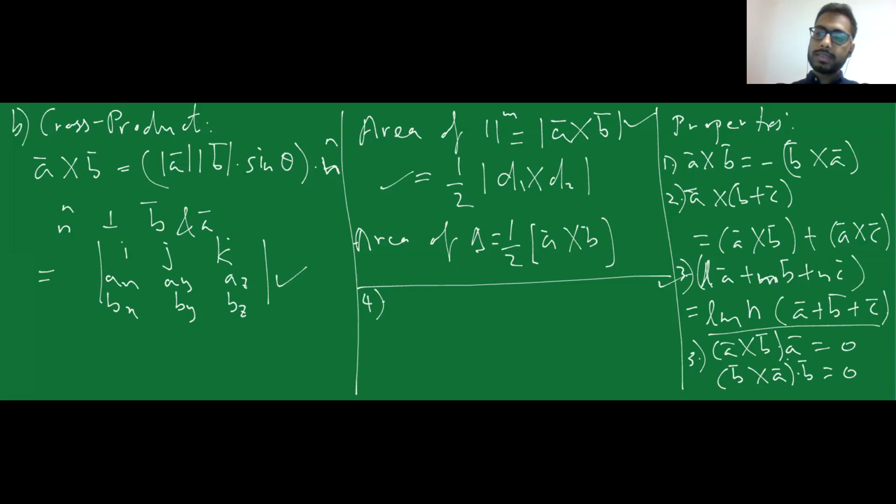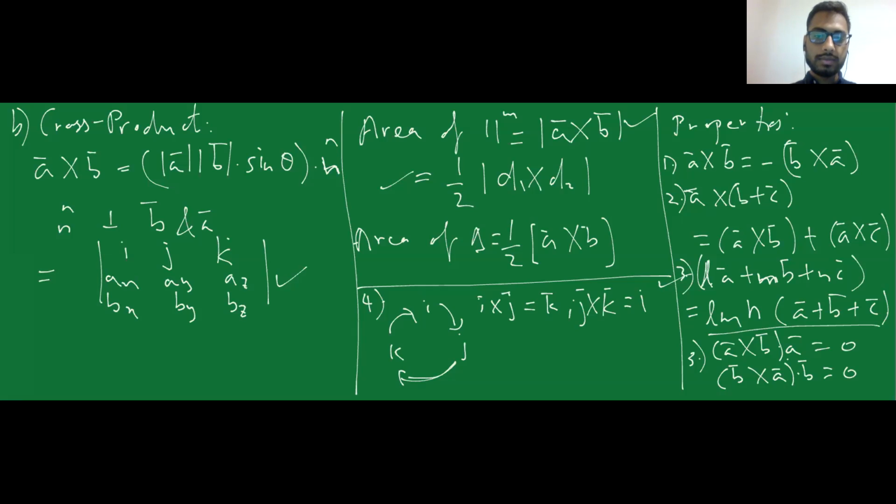Another important property is that cross product is cyclic in nature. That means suppose I have my i, j, k. If I do cross multiplication between i and j, so i cross j is equal to, I'm going to get the third element, which is k. If I do j cross k, I'm going to get my third element, which is i.